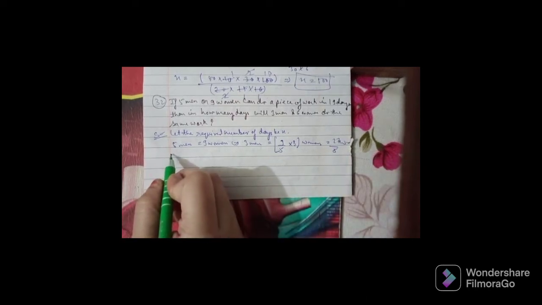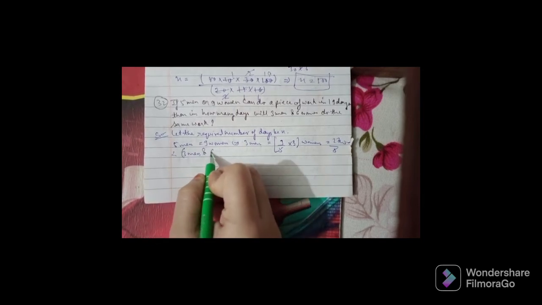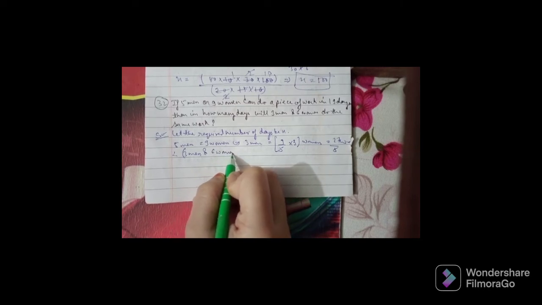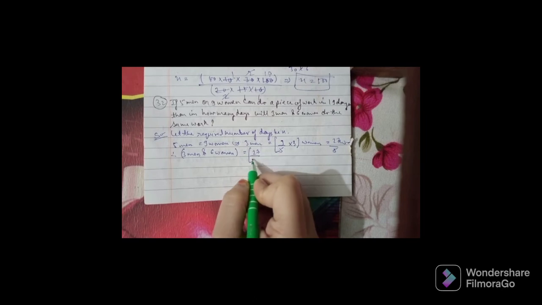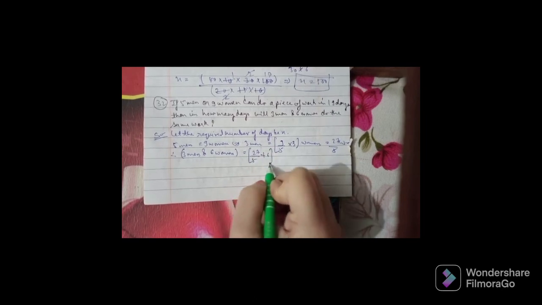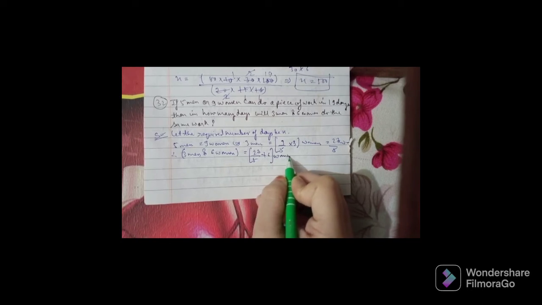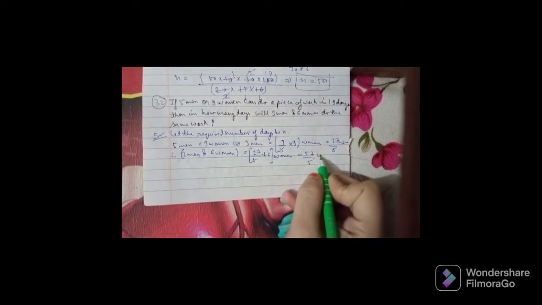Now 3 men and 6 women equals 27 upon 5 plus 6 women, that is equals 57 upon 5 women.